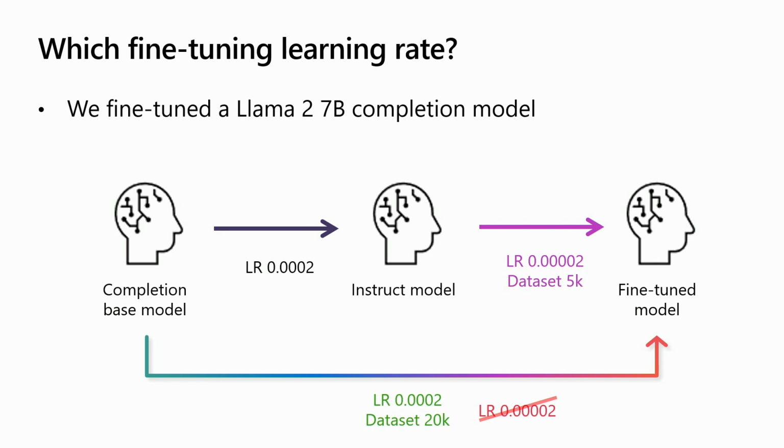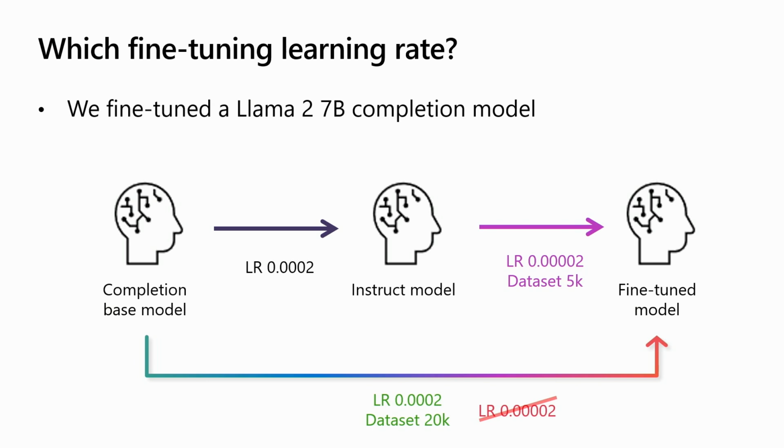In our case, we fine-tune a completion model, not an instruct model. So the completion model is a model that has not been fine-tuned for instruction following. So it's less refined. So it requires a learning rate of 0.002 and a bigger data set of roughly 20K data points.